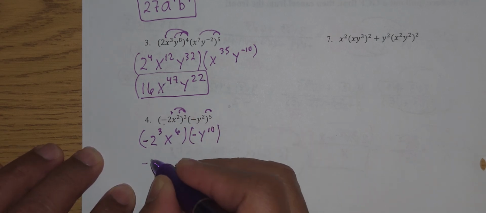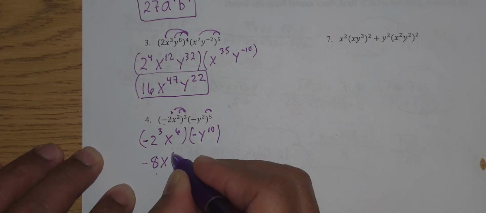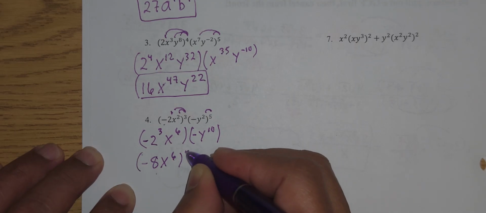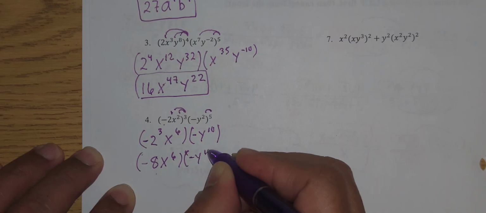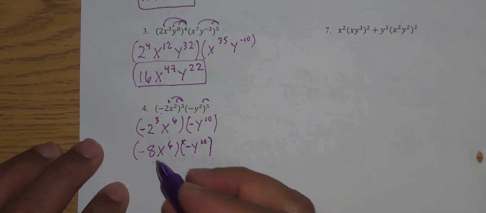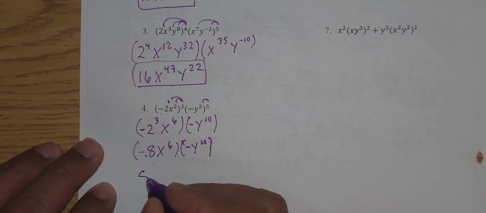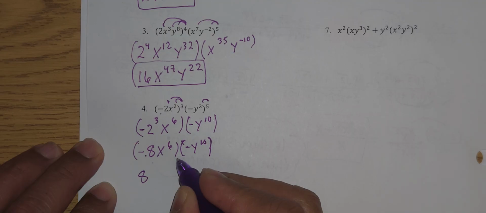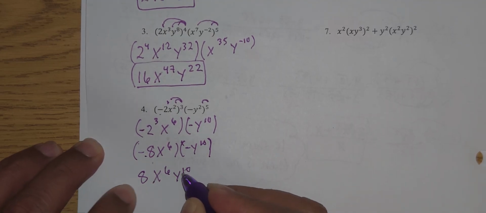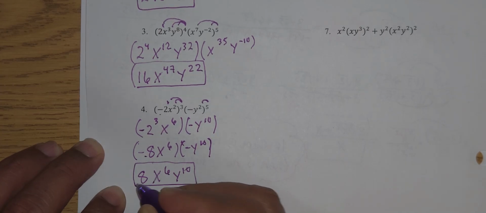So I have negative 8 x to the 6th power, okay, times negative y to the 10th power. Again, this is not necessary, but in case you don't see it, negative times negative is positive 8. And then we have x to the 6th, y to the 10th, and this is the answer to that problem.